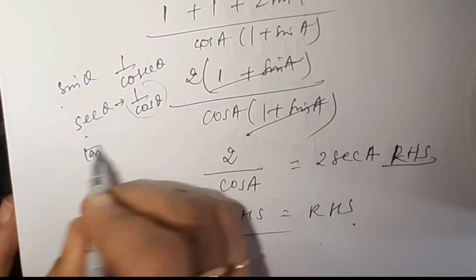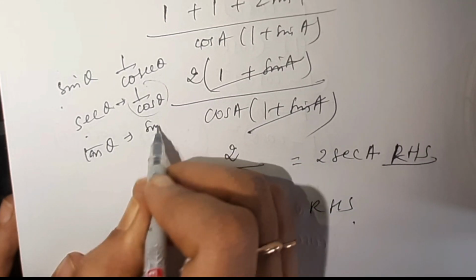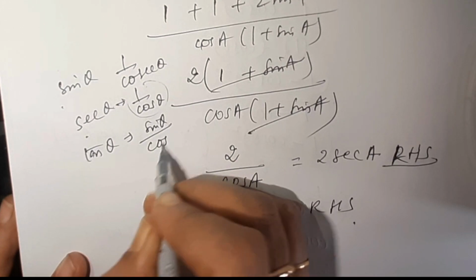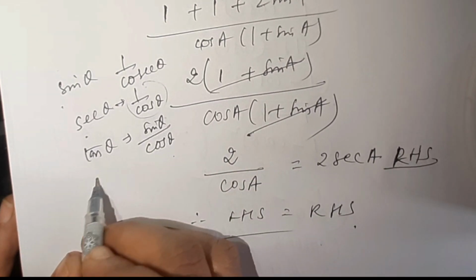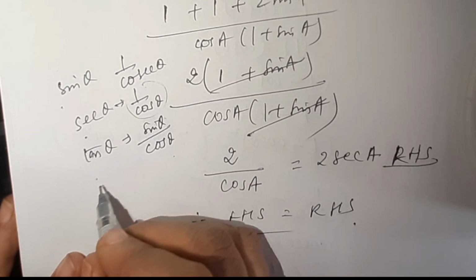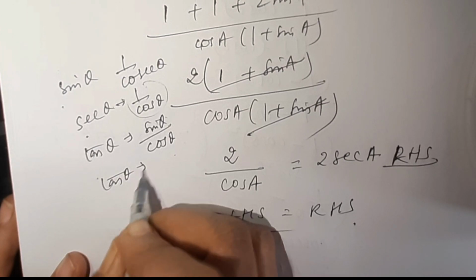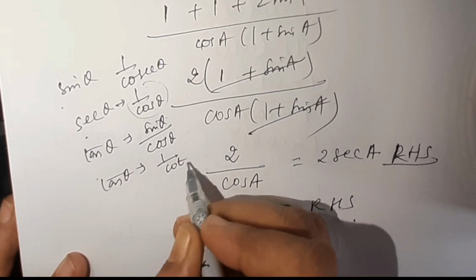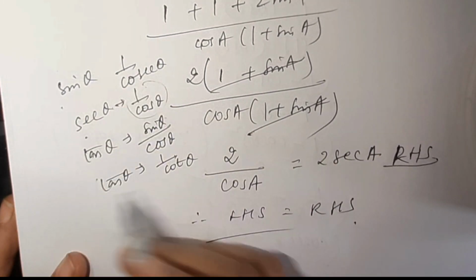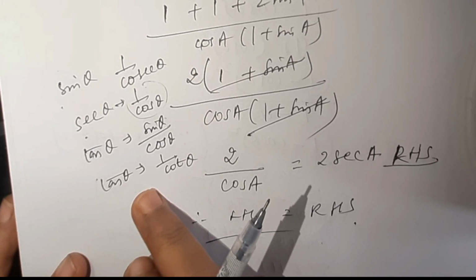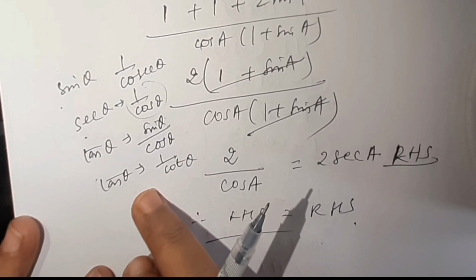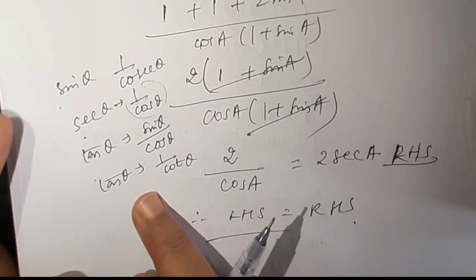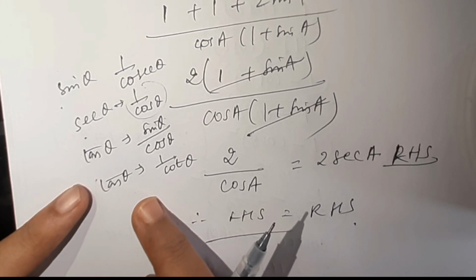If tan theta is there, we can change it to sine upon cos, as sine theta by cos theta is tan theta. Or we can write tan theta as 1 upon cot theta. So these are the formulas which you need to keep aside while solving this exercise, so that you can easily solve it. We are going to frequently use these formulas and those 3 identities.